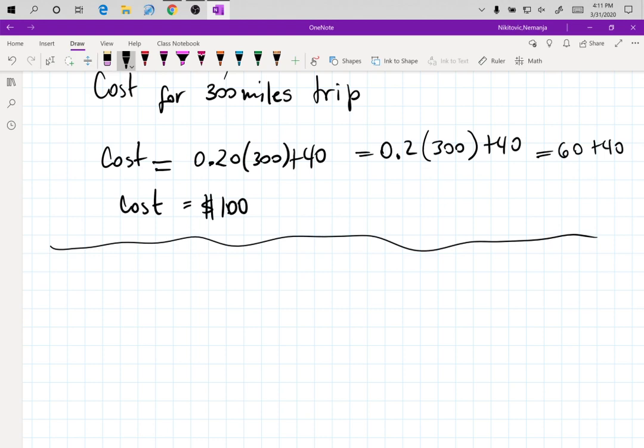All right, let's take a look at, oh, perfect. Bank loans.